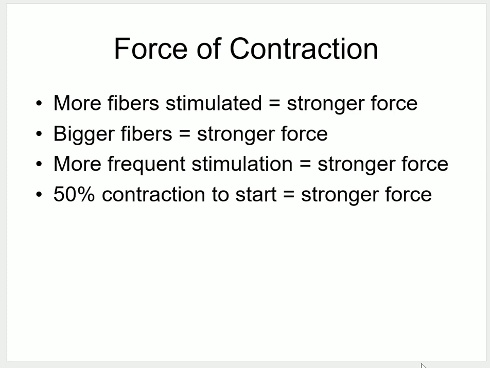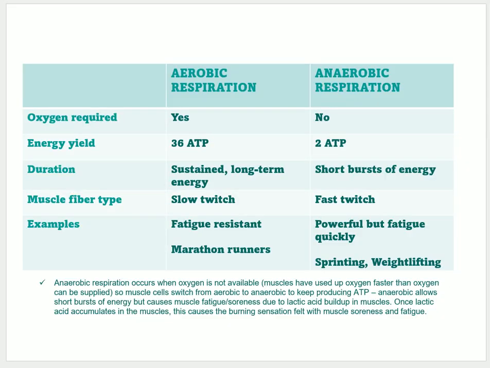And then because we've been talking so much about ATP, so what happens during muscle contraction, just quickly on different types of respiration and energy yield. I know that most of you have heard about slow twitch and fast twitch muscle fibers. So we're going to talk about aerobic respiration just shortly and anaerobic.